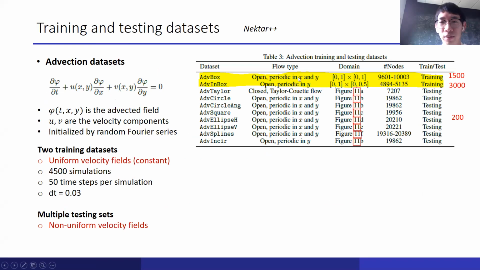The first one is periodic, and the second one is only periodic in one direction, and in the other direction there's a Dirichlet boundary condition. And for the Dirichlet, it's a fixed value, right? Yes. Okay. Then after training this network in the box region, they mentioned that they can transfer this result to other geometry.